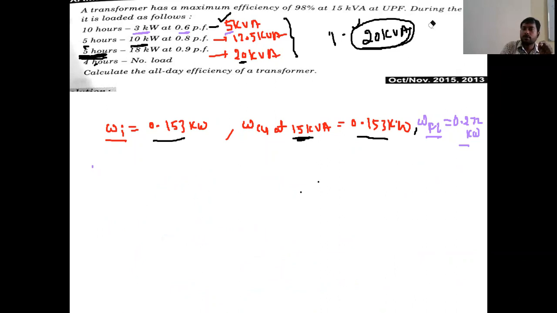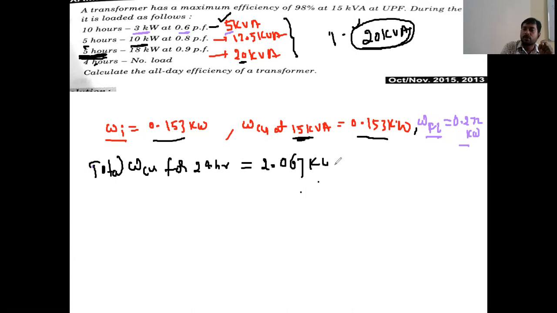So the total copper losses for 24 hours is 2.067 kilowatt hour.